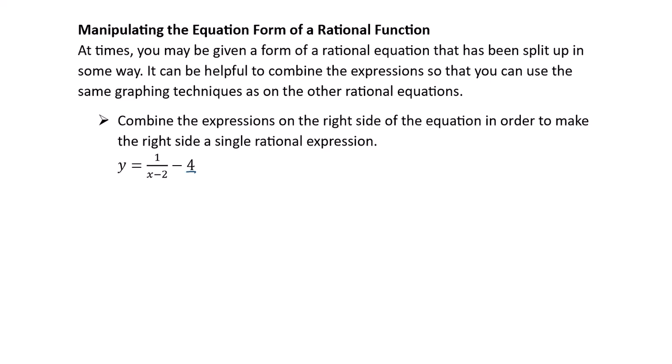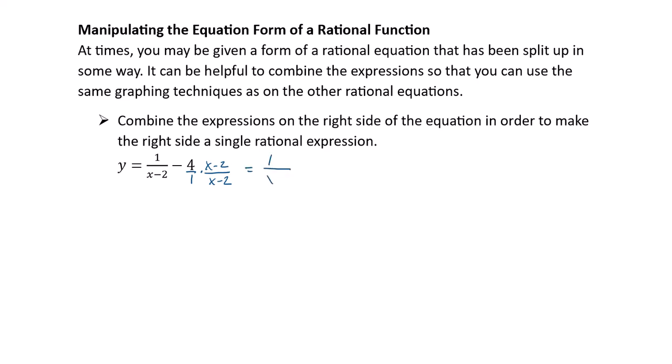I'm simply combining these fractions. 4 has a denominator of 1, and I need to have a common denominator of x minus 2 in order to combine those. So I'm going to multiply 4 by x minus 2 over x minus 2.